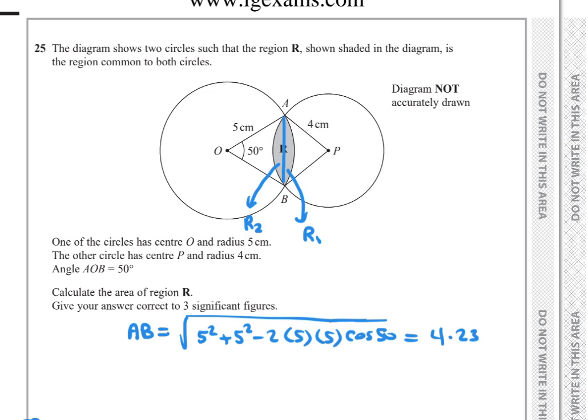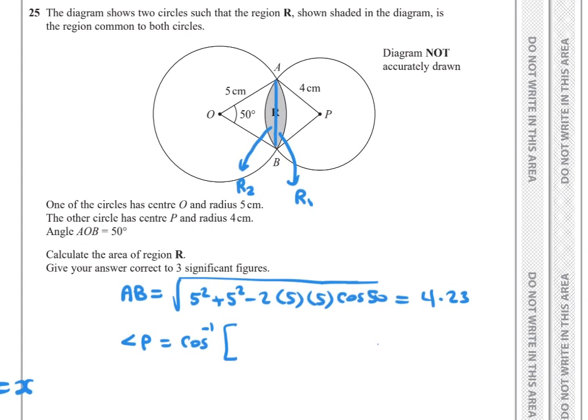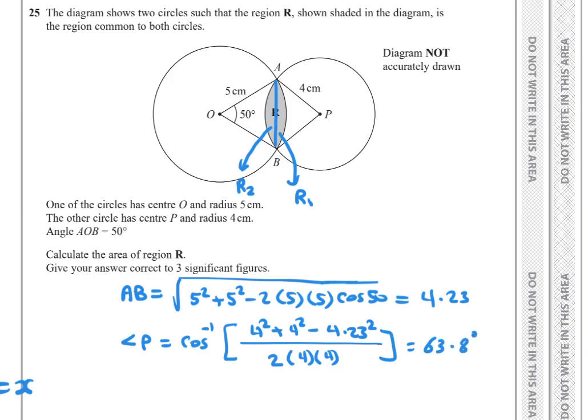So angle B equals cosine inverse of (4 squared plus 4 squared minus 4.23 squared) over (2 times 4 times 4), which equals 63.8 to 1 decimal place.